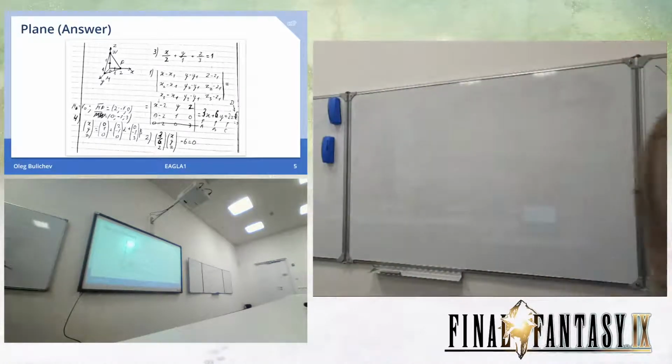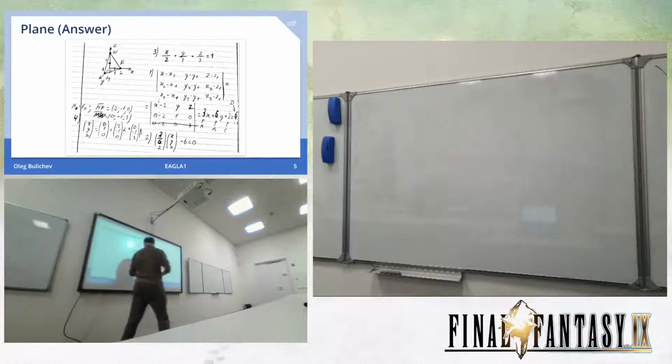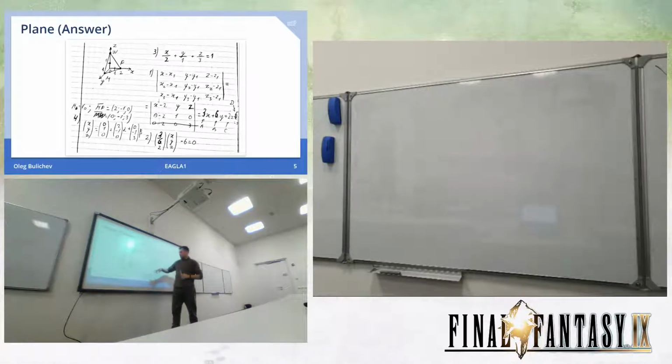How can you use this form? How can you check? I give you a hint. You can find x, y, and z for each point. So you need to find 3 points and use this form. Using this approach, you can check the solution because you can find any point on your plane. So you just take 3 points and find the general form.